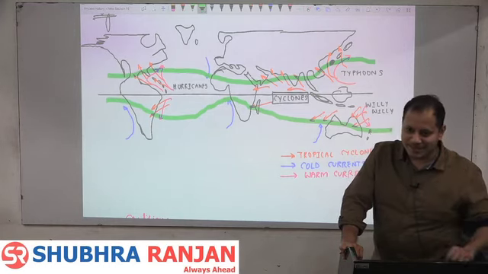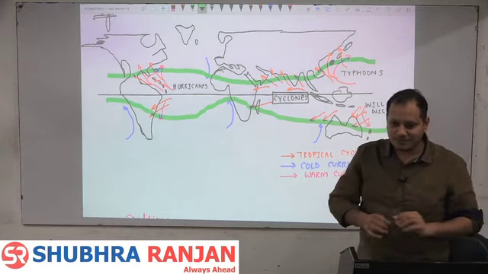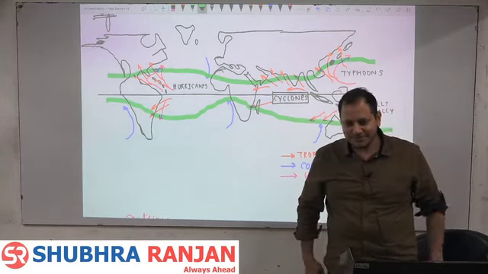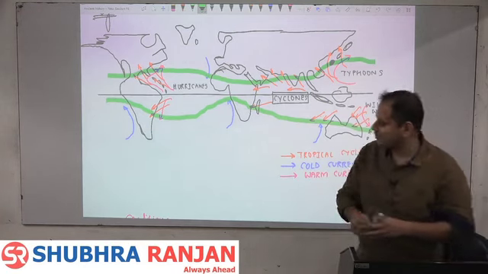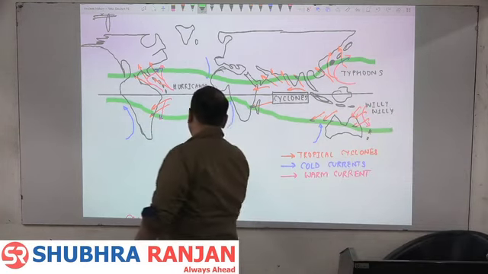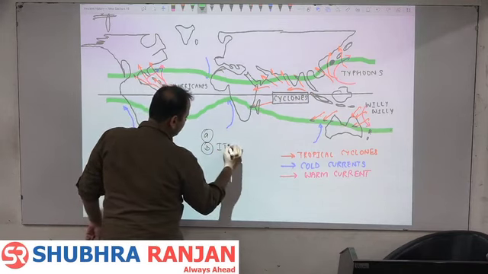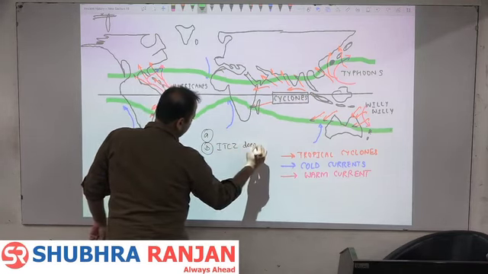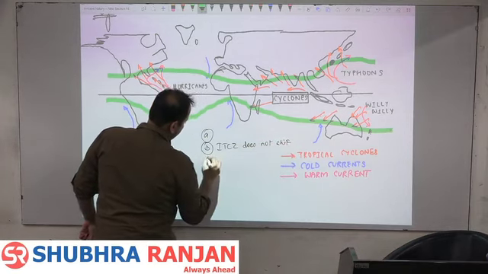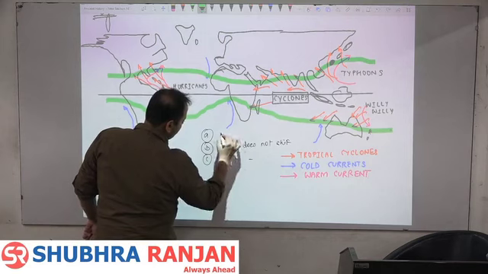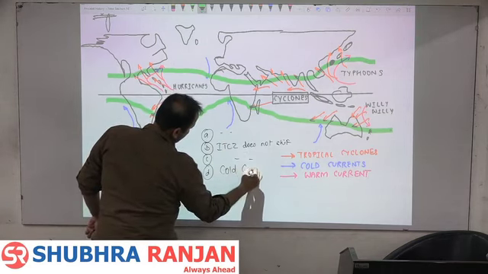एक ही ऑप्शन दिया है, A, B, C, D. A कुछ और था, B था ITCZ does not shift, C था कुछ ऐसे ही, D था cold currents.